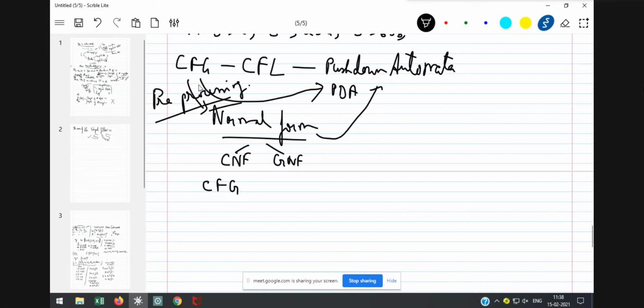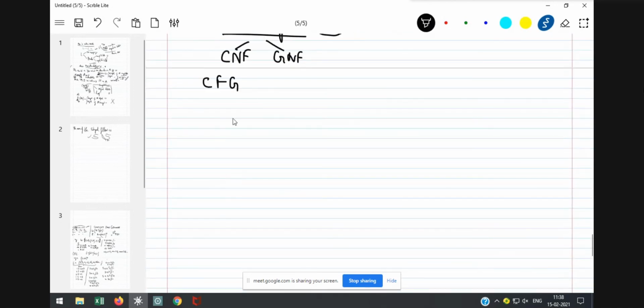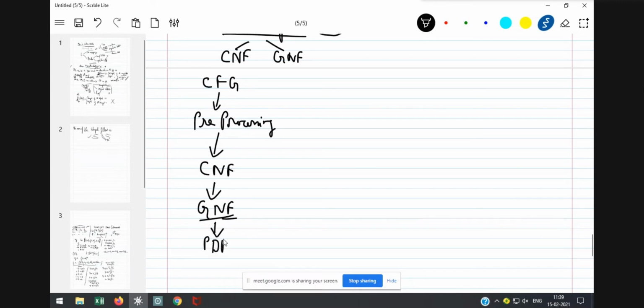We cannot design it directly, so we will do some pre-processing, and then convert this to CNF. After this, we will convert it to GNF. Only when we have it in this format can we directly design a push-down automata.